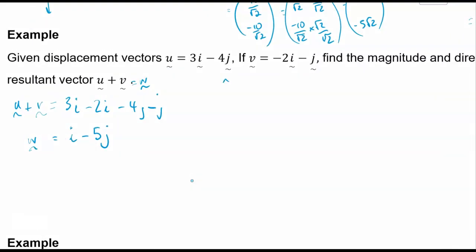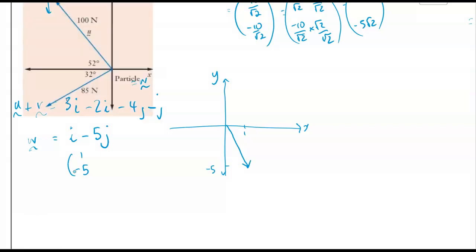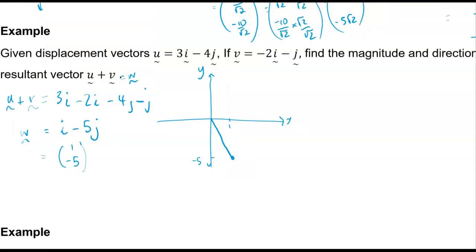Let's go and draw that vector so we know what we're dealing with. So we'll pop our x and y axes up here. Remembering, if you prefer to write this as a column vector, we'd write that as (1, minus 5). So we'd have the value of 1 up here, and we'd be at minus 5 down there. So it's a little point down here. Okay, there is our resultant vector. What it's asking us to find is the magnitude and the direction.